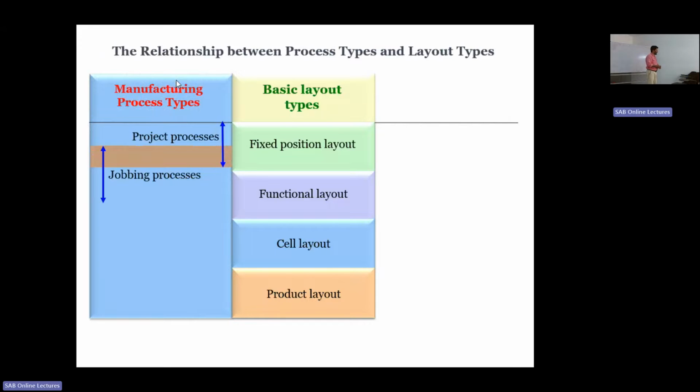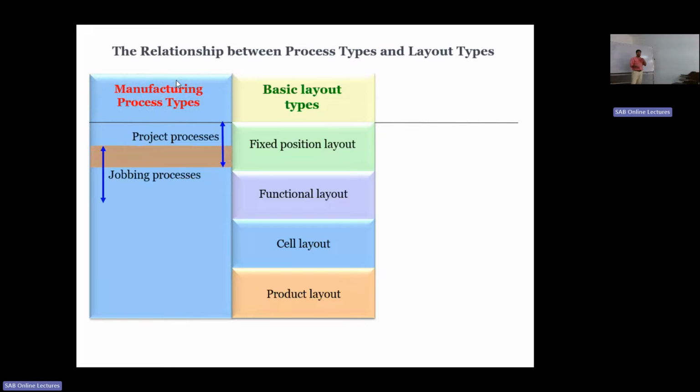You should be able to understand it now. Right? Jobbing processes, a variety of different products, small volume, as small batches. We call it lot production. Do you remember last week we discussed? For such, either fixed position layouts or functional layouts are recommended. Clear?